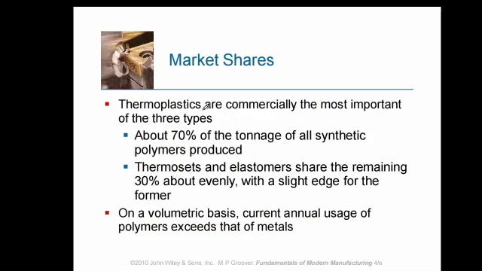So you have thermoplastic number 1, elastomers number 2, and lastly thermosets number 3. And then when compared to metals, the polymers exceed that of metals in terms of global annual usage. More polymers are used than metals.